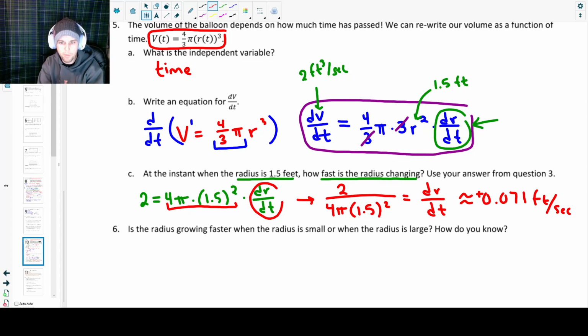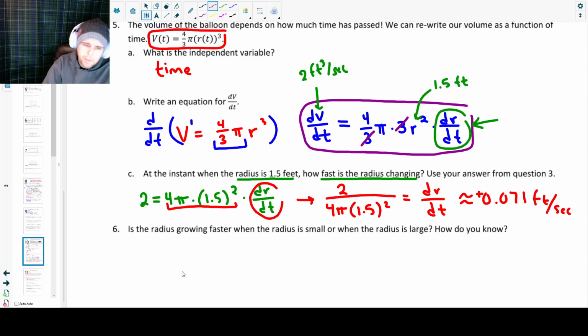Initially it blows up quite a bit, and then eventually at some point, when it's a little bit bigger, even when you take a really big breath, it just gets a little bit bigger, because that difference, even though it's a really small change in radius, is actually a relatively big change in volume, because that increase is all the way around it in 3 dimensions. So at the beginning, the balloon is going to be increasing faster than it will at the end.